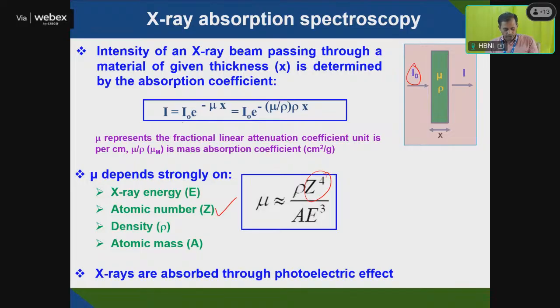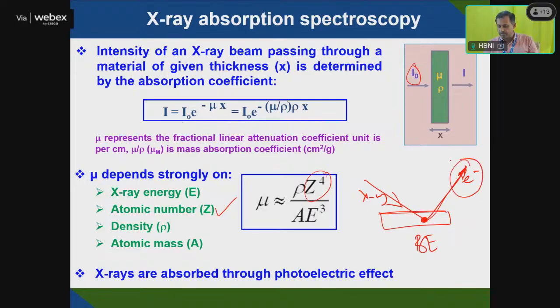So X-ray absorption spectroscopy is mainly based on the photoelectric effect. The incident X-ray beam will fall on the sample substrate and knock out an electron from there. So this is the X-ray falling, it will get absorbed and an electron will come out. That depends upon how the electron is bound in the orbital, that is, on the binding energy and the kinetic energy of the particular material.